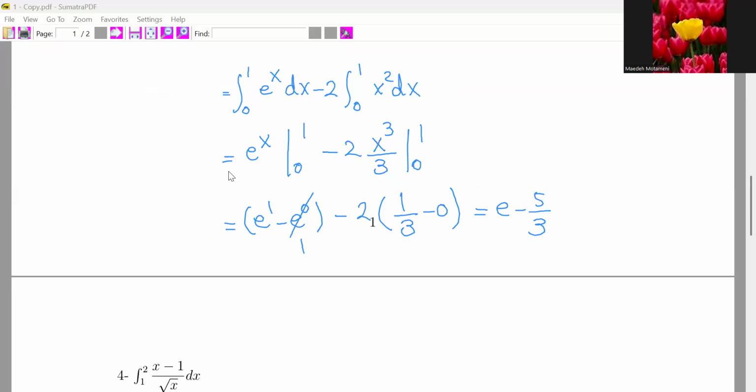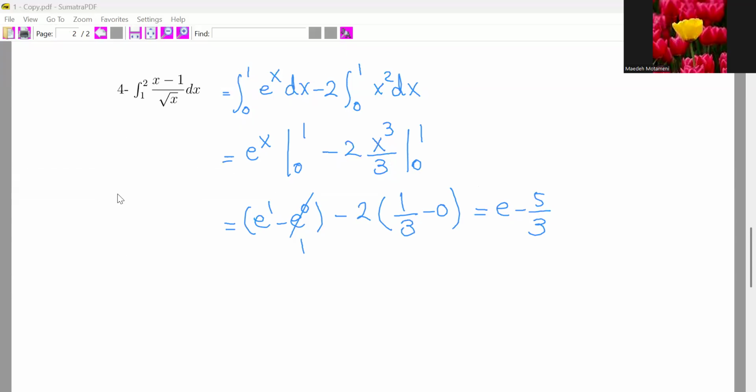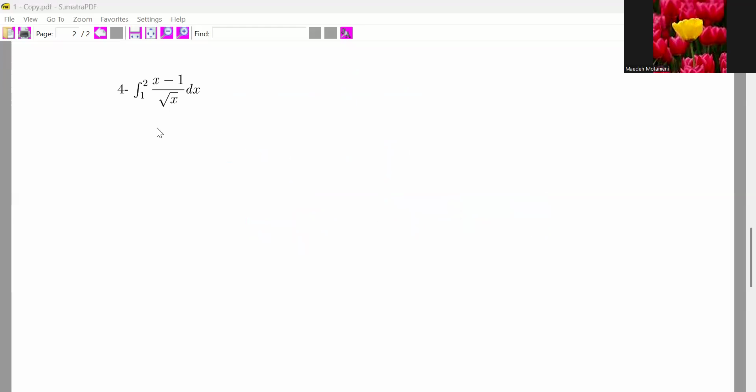And we have one more here, which is another definite integral. It is the integral from 1 to 2 of x minus 1 over square root of x dx. So I recommend to write it as the integral from 1 to 2 of x over square root of x minus 1 over square root of x dx.